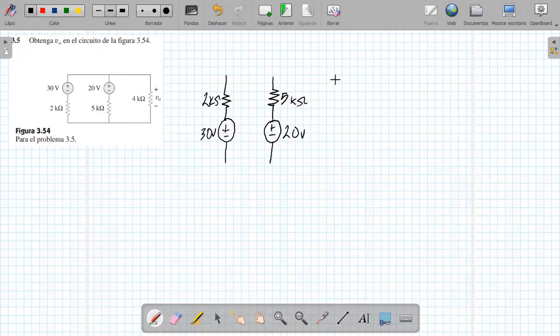And finally here comes the resistance of 4 kilo ohms, and here, attention to V sub 0. Well, I just finished redrawing.